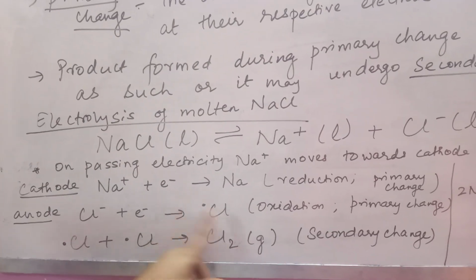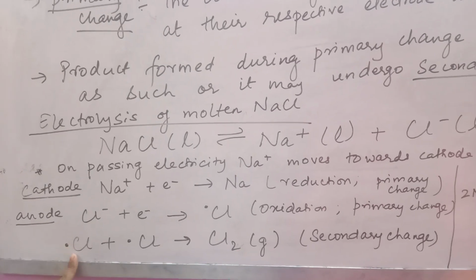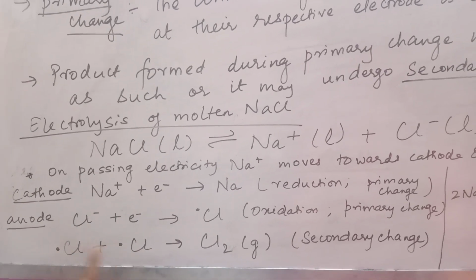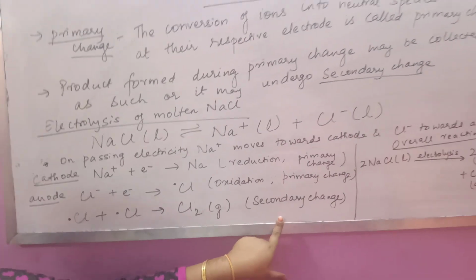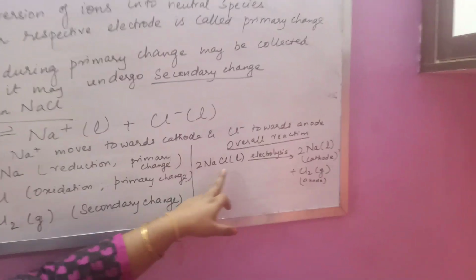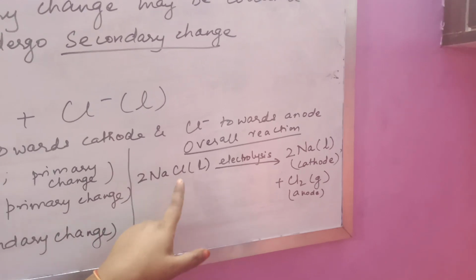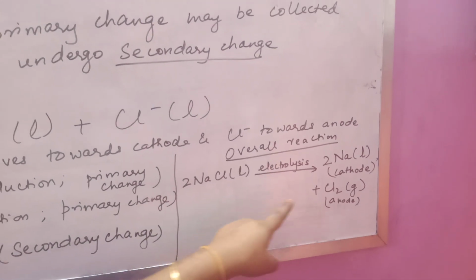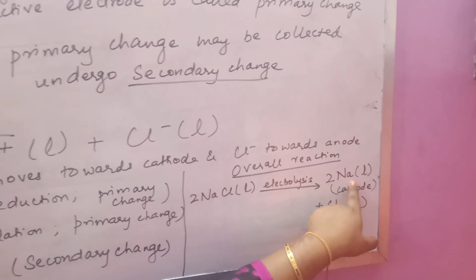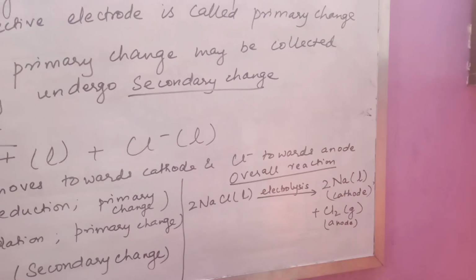So to get stabilized, this free radical or chlorine atom combines to form a stable chlorine molecule, which is known as secondary change. You can see the overall reaction as well. NaCl in liquid, that is molten form, after electrolysis gives molten sodium metal collected at the cathode, and chlorine gas is evolved at the anode.